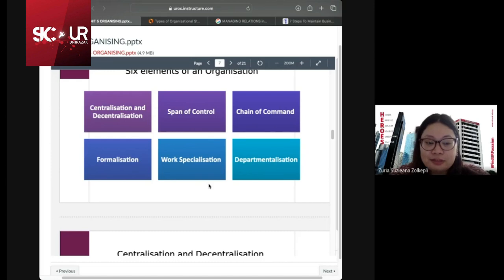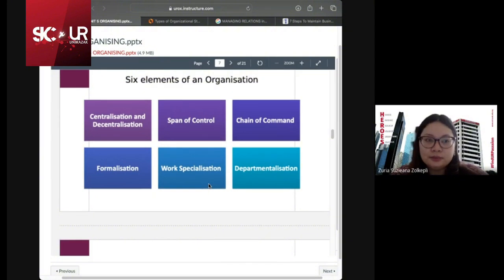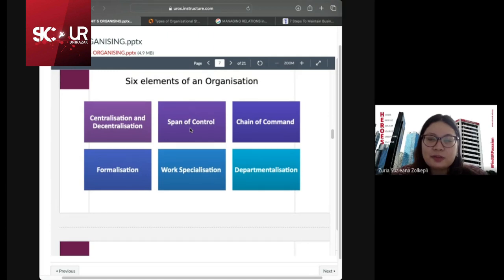But if it's a wide span of control, this supervisor will handle a lot of employees. We are going to take a look later at types of structure, and you are going to see these types of span of control, based on the number of subordinates that one manager has. Okay? We have narrow and then we have wide.